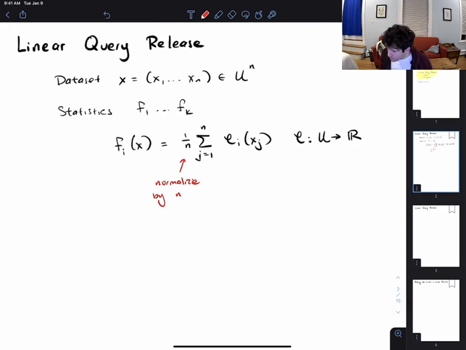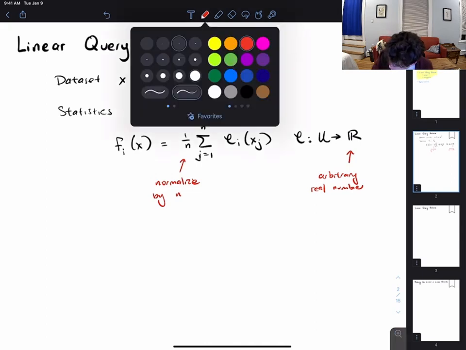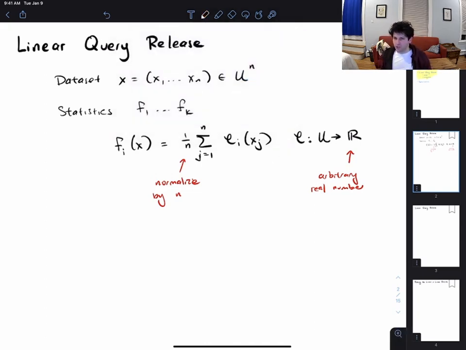And the second change is that I'm not actually requiring that the query is a count. I'm going to let the query take the average of some function that maps users to arbitrary real numbers. So I can look at something like the average height of people in the data set, where phi maps your record to the height, which might be a number between 0 and 300 centimeters or something like that, depending on how you scale it.